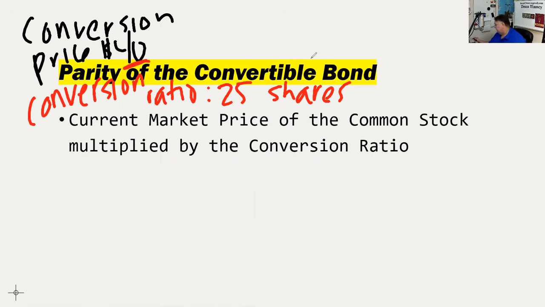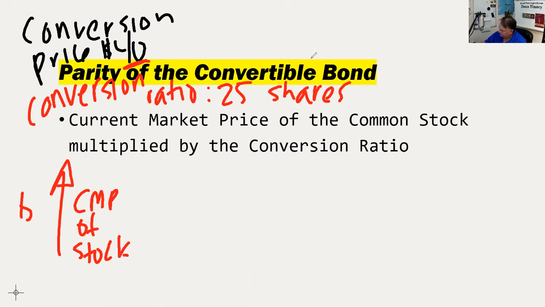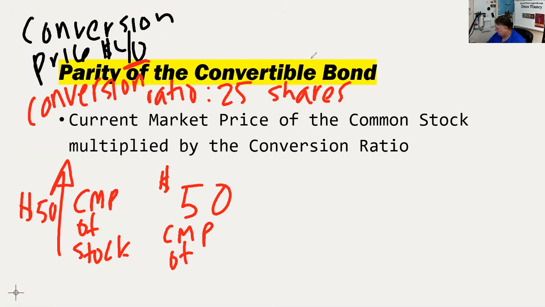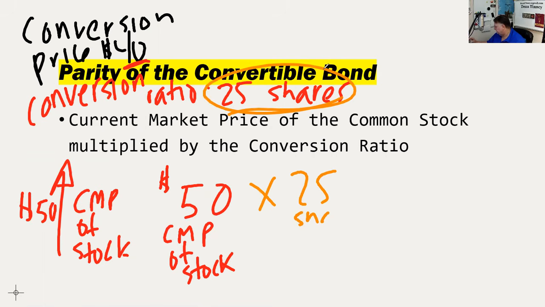And let's say that after the bond was issued, the stock went up, and now the current market price of the stock is $50. And so now we say, well, if we can turn this $50 stock into 25 shares of the common stock, right? That's what we can do here. We can turn it into 25 shares.